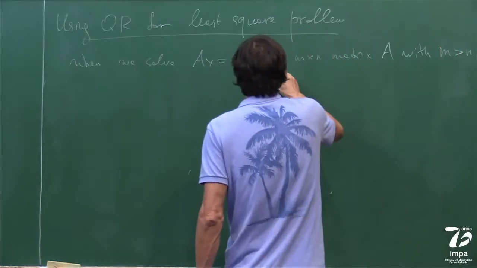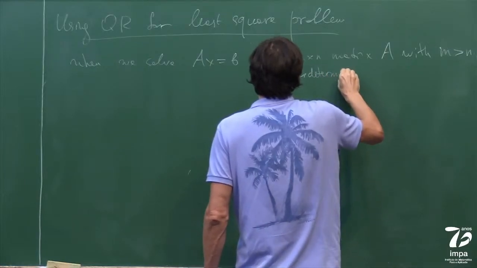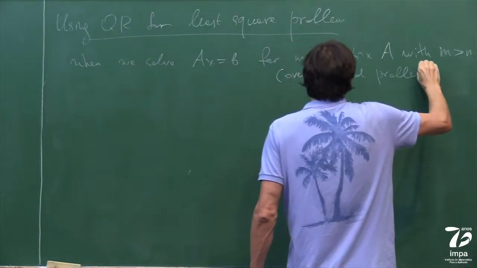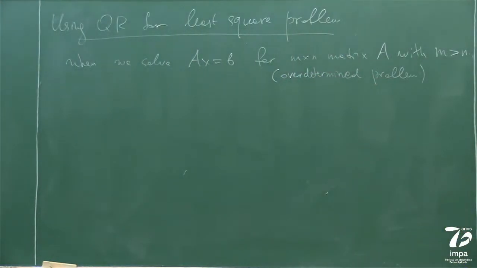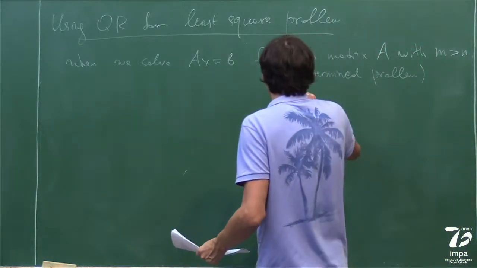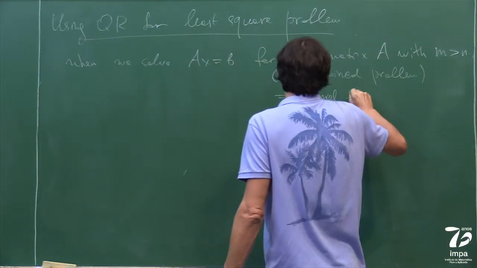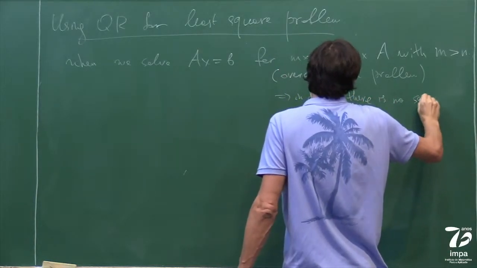So it's an overdetermined problem. Overdetermined in the sense that m is the number of equations, n is the number of unknowns, so the number of equations is bigger than the number of unknowns, so in general no solution.